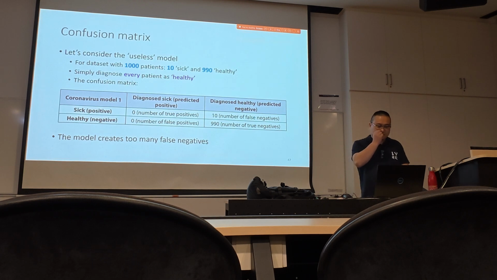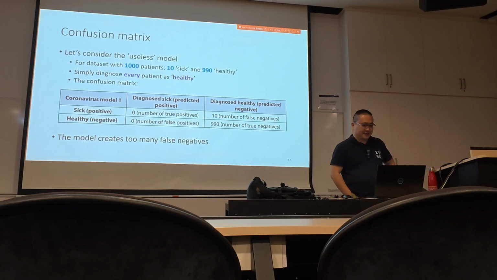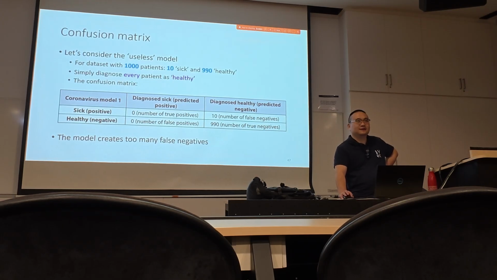And using the confusion matrix, we can easily identify the bias in the prediction. Previously we have shown that for a very simple model, for example, a model that just returns healthy for every input, the model can easily achieve 99% accuracy on the biased data set. However, if we use the confusion matrix to visualize the output, we can easily identify that the model makes too many false negatives.